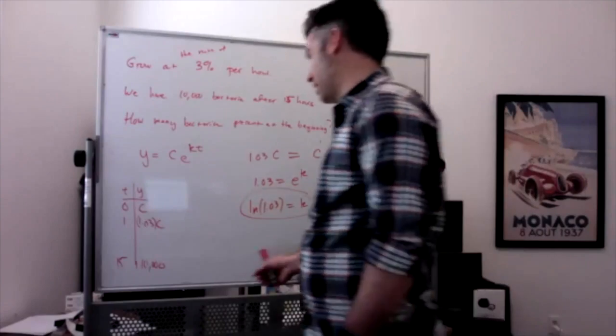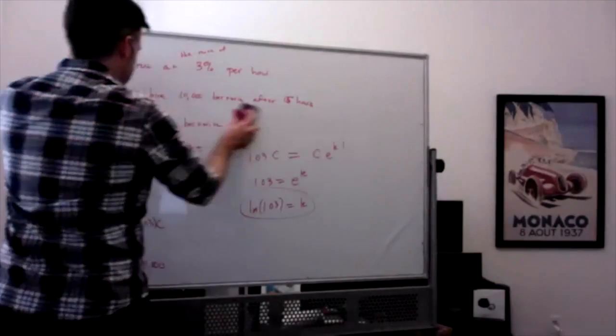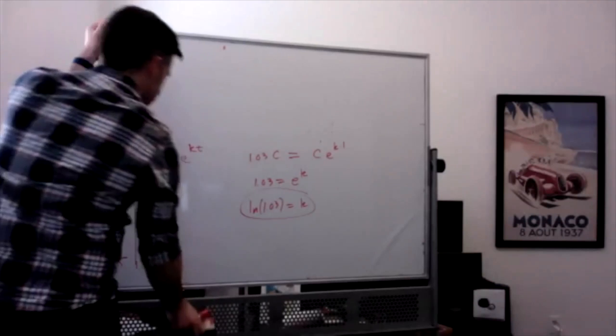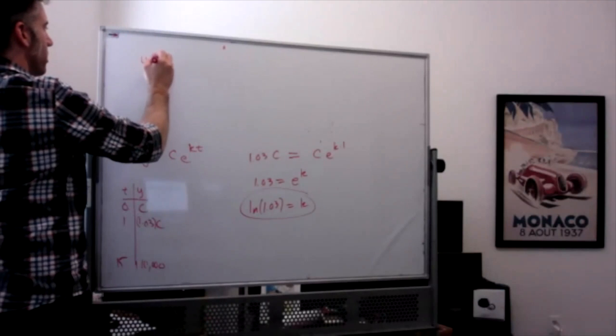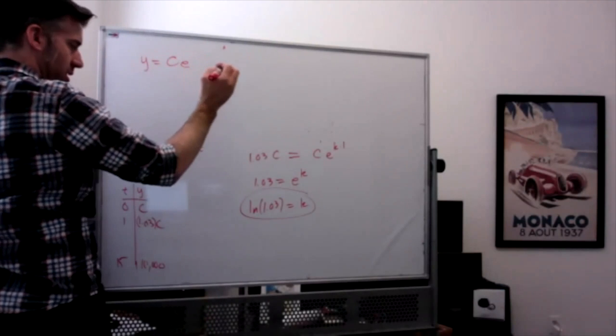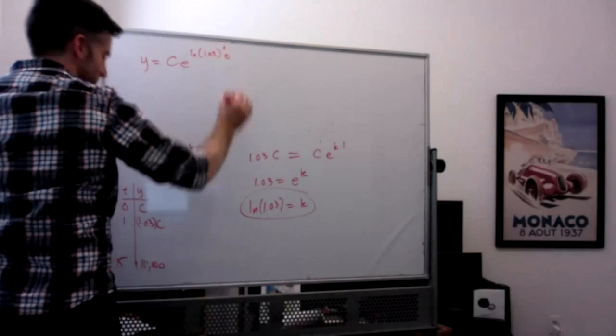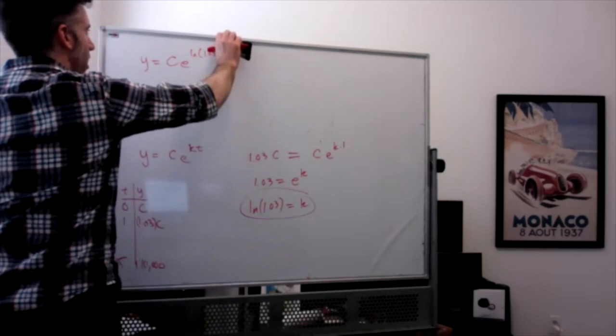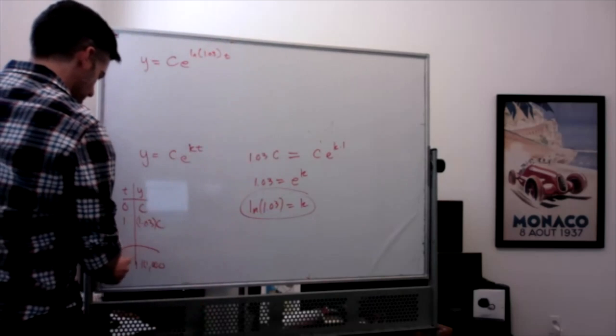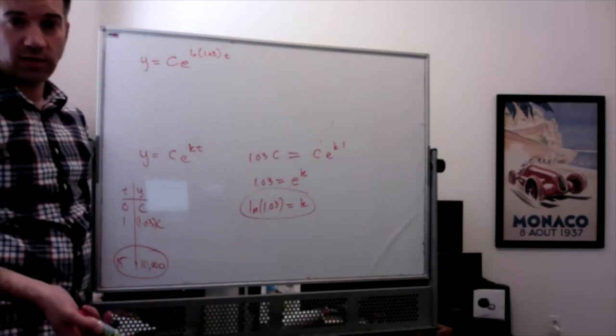And so now here's what we've got: y equal to c e to the natural log of 1.03 times t. And then we can use our other piece of data to figure out what the initial value must have been.